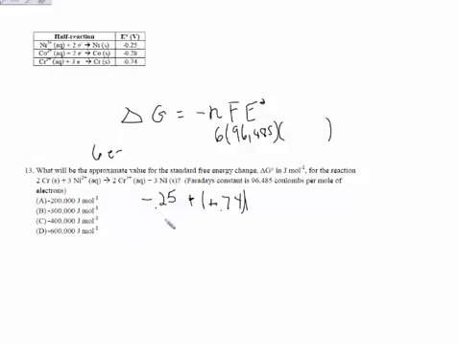Okay, so the answer there for the E cell potential turns out to be 0.49. So I'll plug that right in here. Take the opposite of it, because don't forget, delta G has got to be a negative if it's spontaneous. So we're going to multiply 6 times this times that, and take the opposite of it, and we get approximately a negative 300,000 joules per mole. So that appears to be B is the answer.